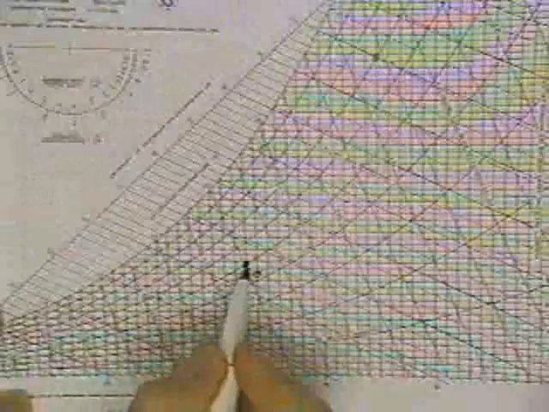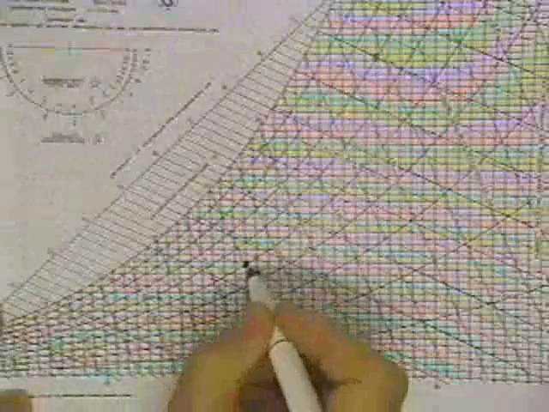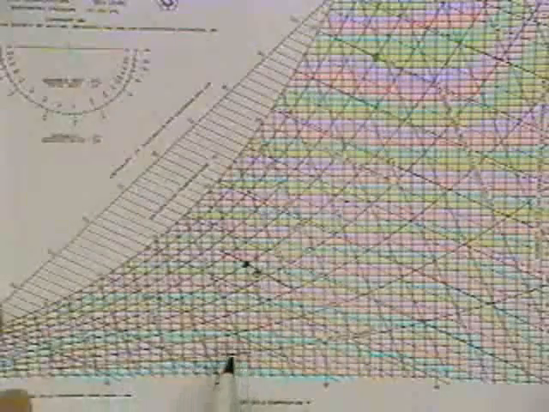And so what we're asked for, first of all, is to find the wet bulb temperature. The wet bulb temperature is found by going along these lines of constant wet bulb temperature, in this direction here. I read a temperature of about 16.3, so you're at about 16.3 wet bulb temperature.